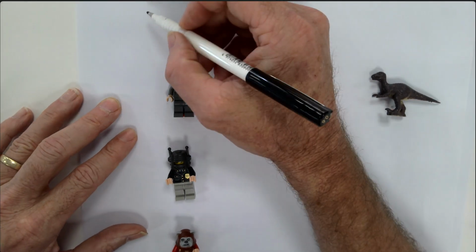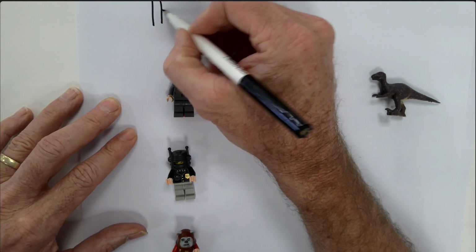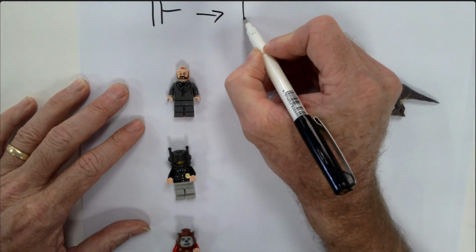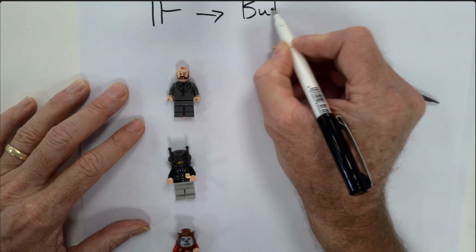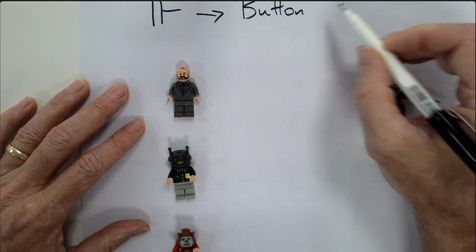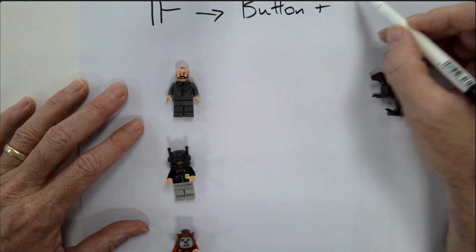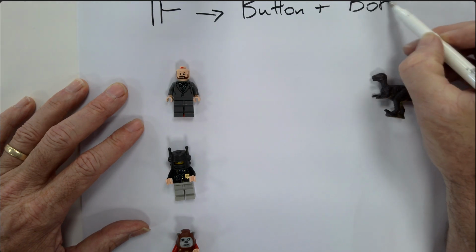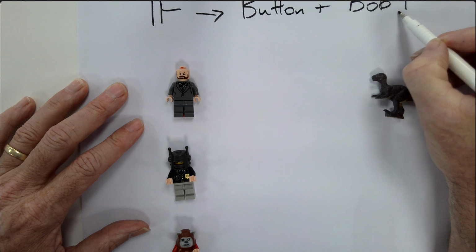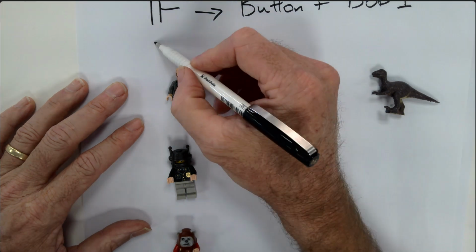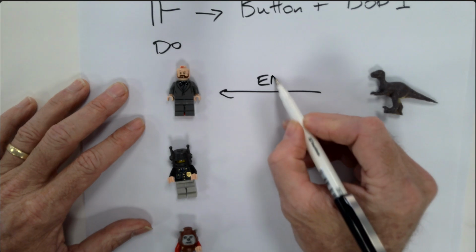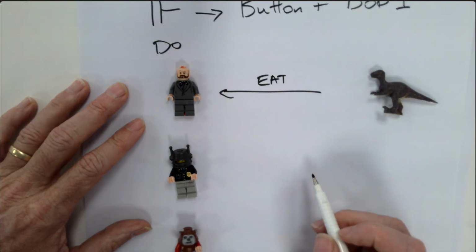So I'm going to say, if the button is pressed and the variable called Bob has 1 in it, I want it to eat the Lego man.